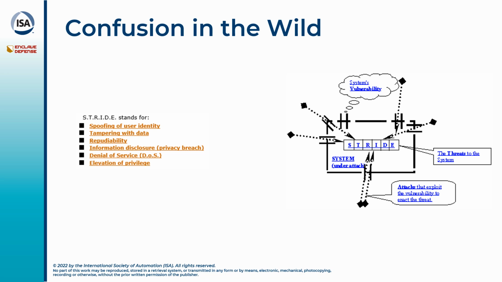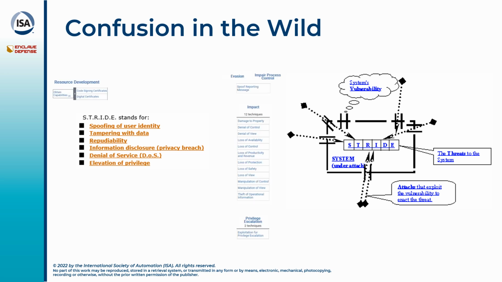Well, let's reference the MITRE ATT&CK framework. Sure enough, spoofing is something hackers do in the process of exploiting vulnerabilities, so MITRE ATT&CK called them techniques. Breaking non-repudiation by manipulating PKI certs is also a technique, not a threat source. Privilege escalation is also a tactic with various sub-techniques.